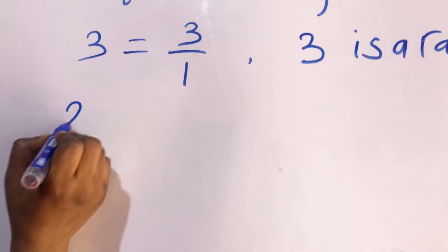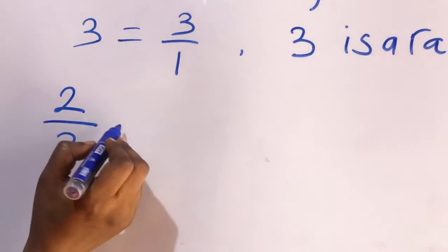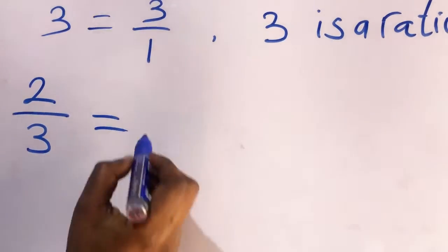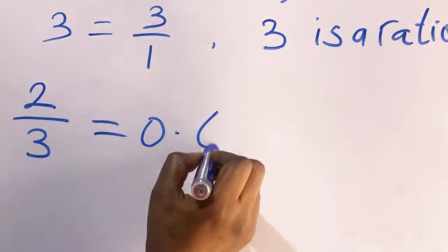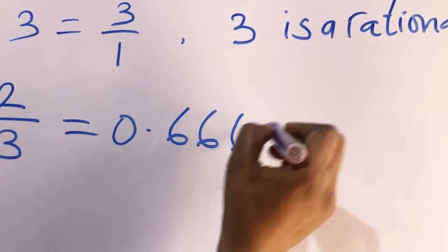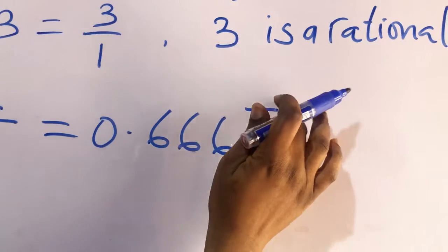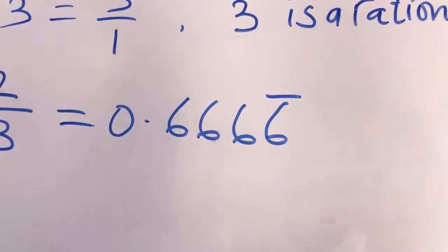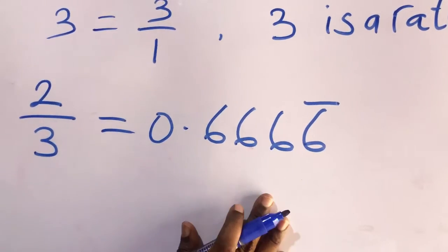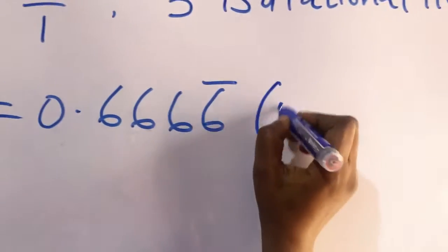We can have 2 divided by 3. 2 divided by 3 will give us 0.666 and so on. This bar means it goes on, so this is a repeating decimal.